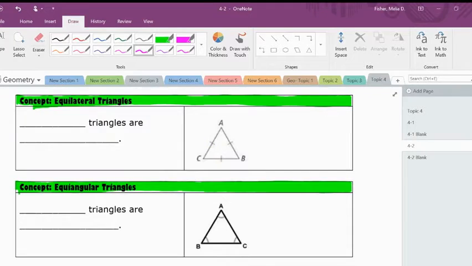We have two new concepts, equilateral triangles and equiangular triangles. Equilateral triangles are equiangular.